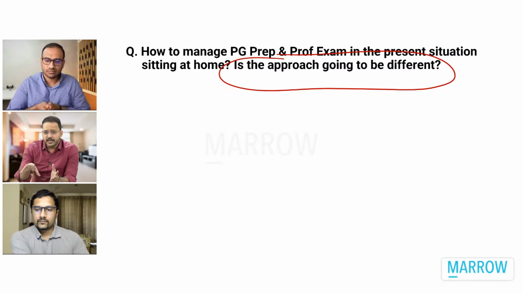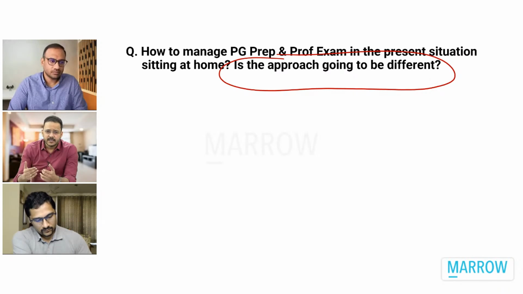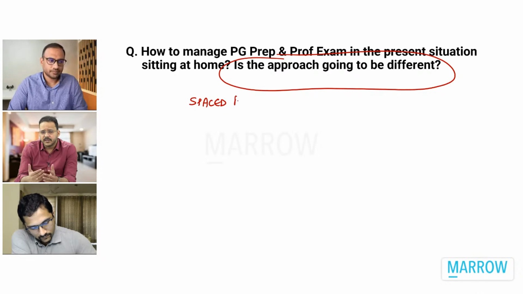Second thing, see, in Marrow we have QBank, test series, pearls, videos, etc. If you are getting bored preparing from one source, let us say I'm watching videos and revising my notes, and I get bored, do not just continue.